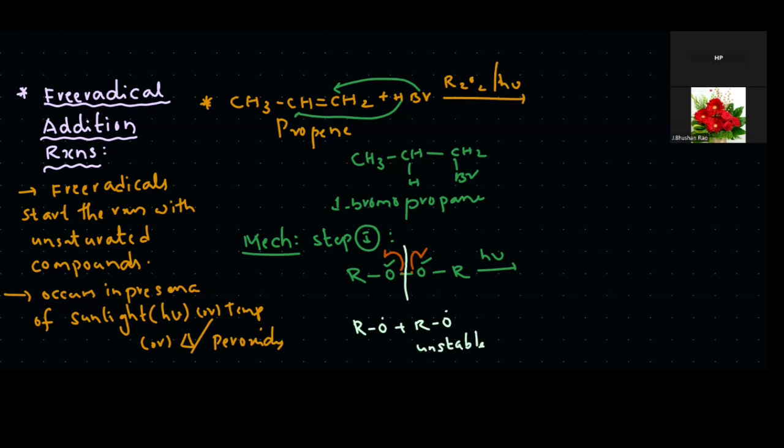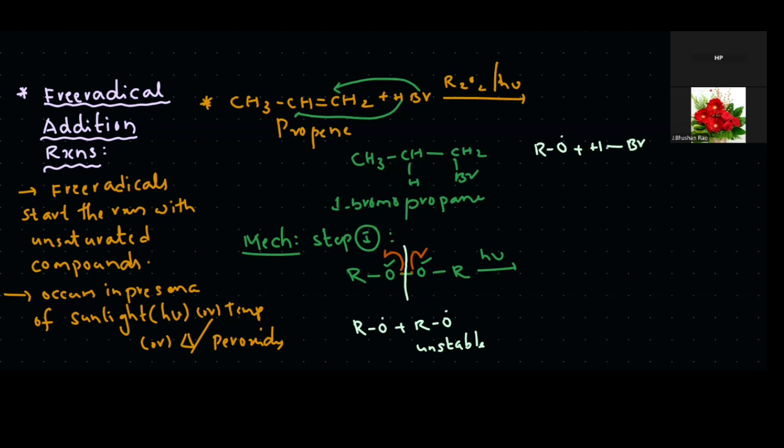Next, further, the alkoxy free radical reacts with the HBr molecule. In this HBr molecule the bond has two electrons.